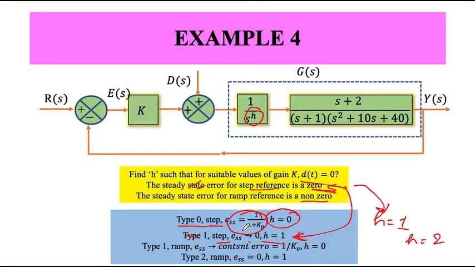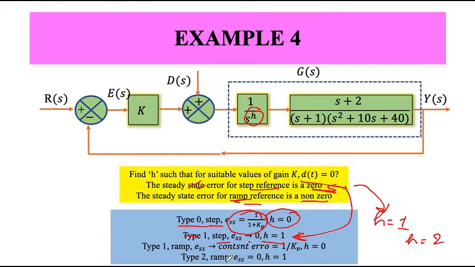Then this statement would be satisfied for even type 2, type 3 and so on. However, the second statement says that in addition to steady state error for a step response to be 0, it should also have a non-zero constant error for ramp input or for a velocity input.